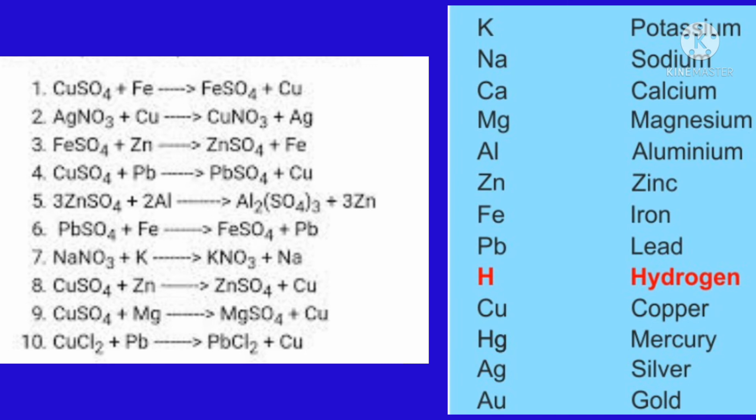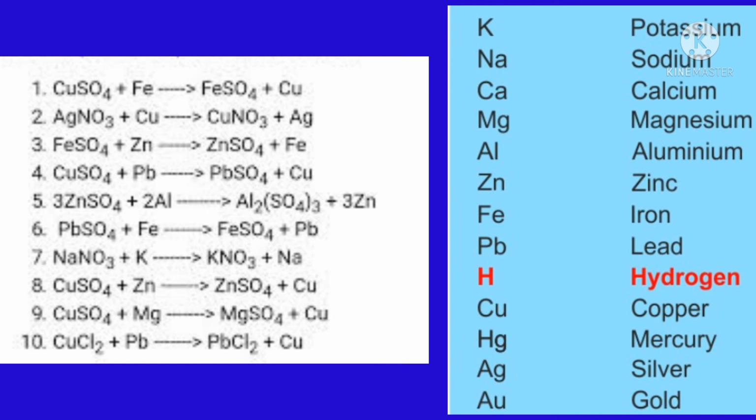Now what you are going to do is compare the metal with the metal ion from the salt. Always you see the first metal. If the metal is top in the series than that metal ion, then this reaction takes place. Which reaction? Displacement reaction. Metals top in the series displace metal ions lower in the series.